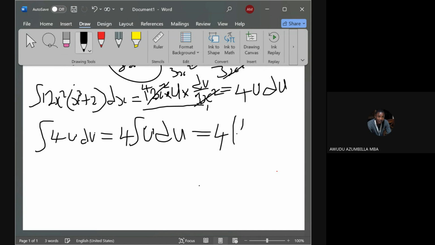We are going to get 1 over 2, and then bring our u squared plus our constant c. Now our 4 is multiplying, so if you multiply 4 here, it's going to give us 4 over 2. That's going to give us 2. So finally, we are going to get 2u squared plus our c.